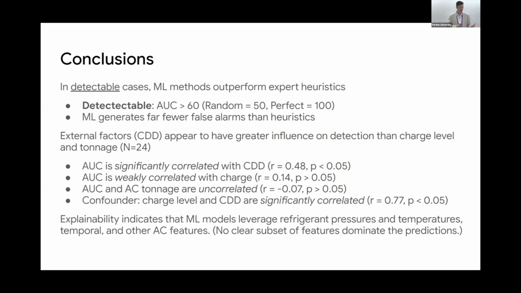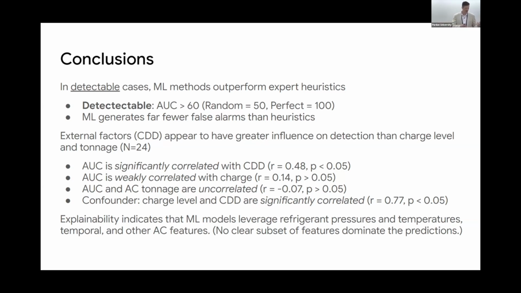We did see a weak but significant correlation between the charge level and the detections, but we didn't find any relationship with tonnage. We thought maybe the larger tonnage units would be detecting more than the low tonnage, but we could not find any distinction in terms of detectability between different tonnages.